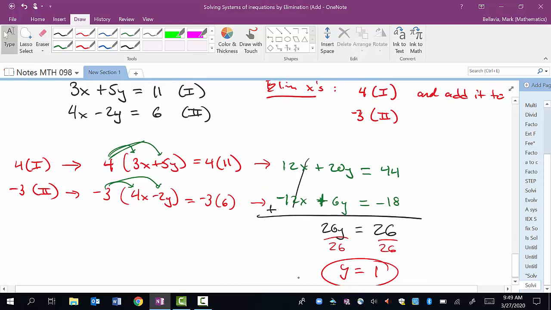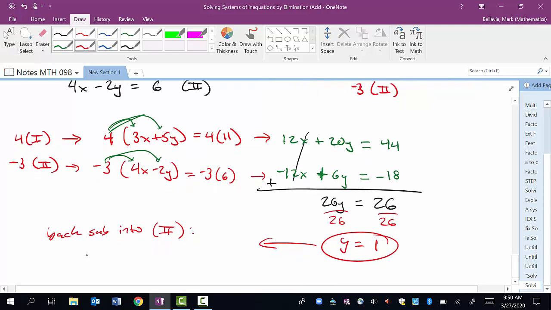You want to go back now, and we'll back sub into either original equation to find the x value. I'll back sub into equation 2 this time. Doesn't really matter which one I pick. So make sure you're substituting in for the right variables. This becomes 4x minus 2 times, now we know y is 1, equals 6.